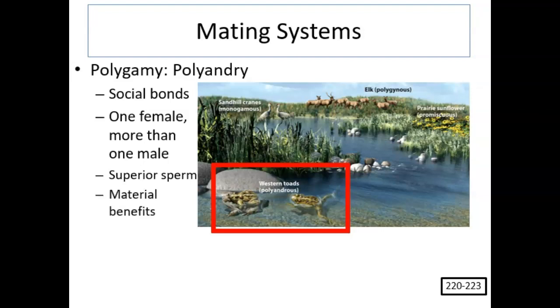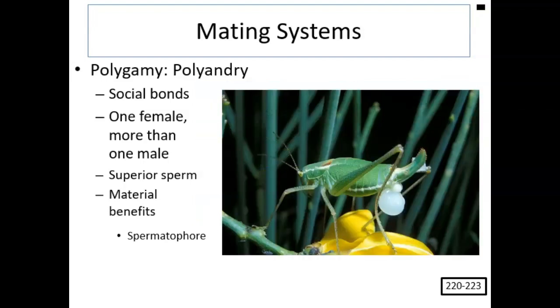Additionally, there are sometimes material benefits to polyandry, situations where the female actually gets something out of this. One example is that some species produce something called a spermatophore. Here I have a picture of an example of a spermatophore. It's a highly nutritious packet of material that the male produces and that the female takes and then consumes.